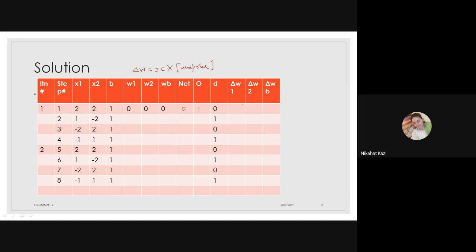The equation will be minus Cx. C is given to be 1. So it's simply minus x. So it is -2, -2, and -1.